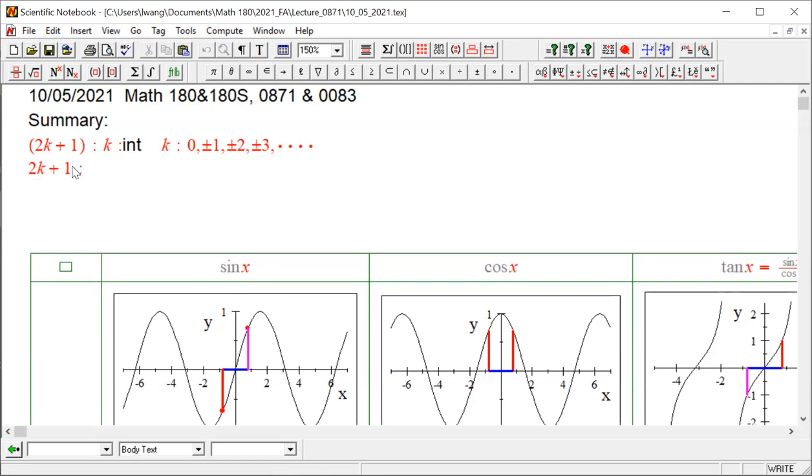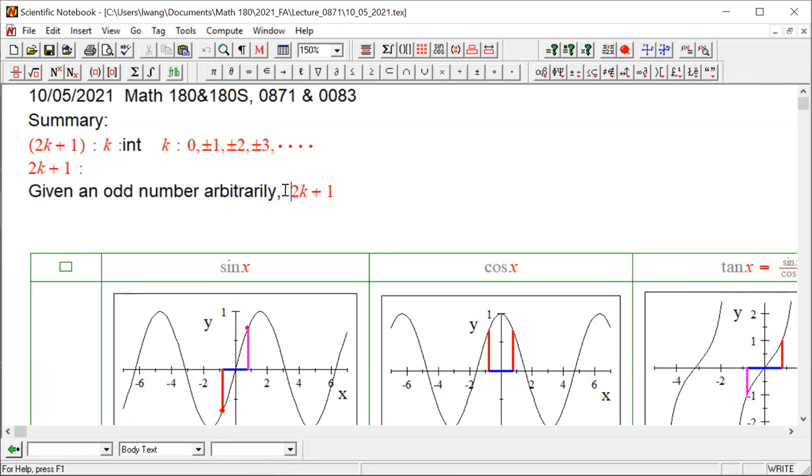The first side is that given an odd number, arbitrarily, 2k plus 1 can represent it.